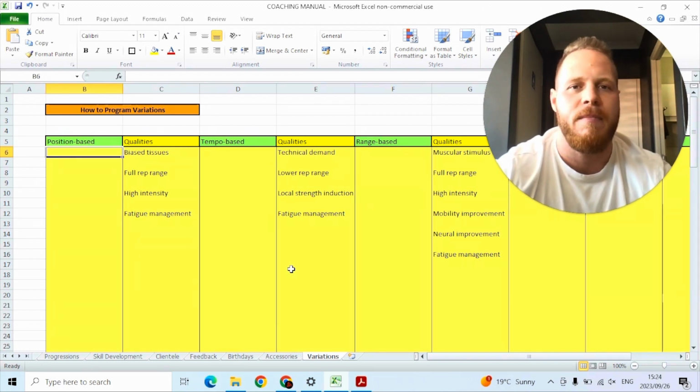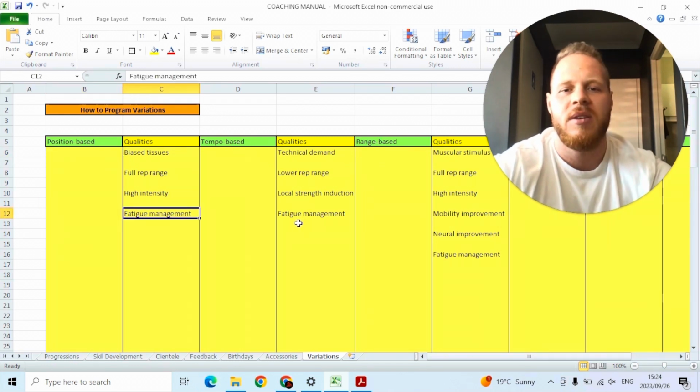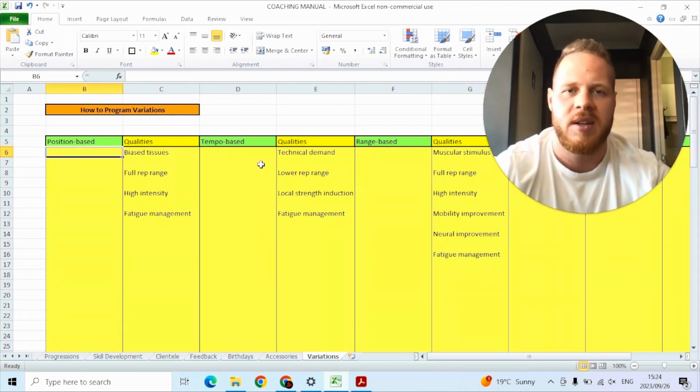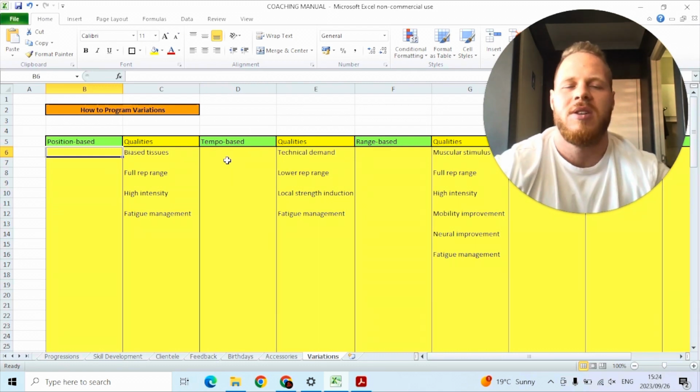So with variations, definitely working on things that we need work on, but also it is a fatigue management protocol. You will see with every quality of every type of variation that fatigue management is definitely something to be discussed. With each type of variation, there are different aspects of fatigue management that come into play.